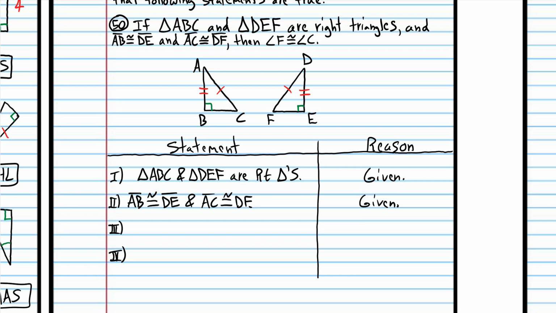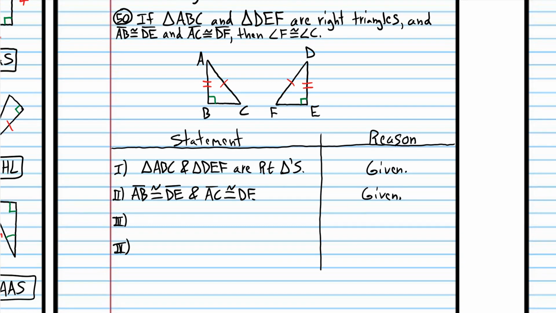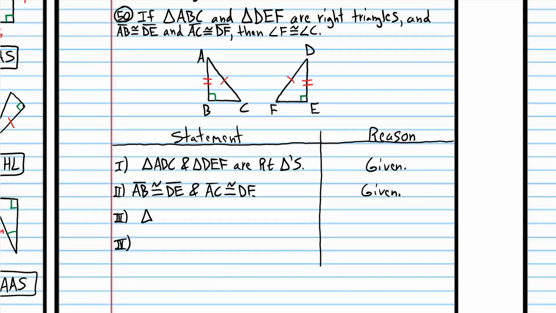We can't use SSA because that's not a postulate, but if you have right triangles, you can use HL. So we can say that triangle ABC is congruent to triangle DEF by the HL theorem.